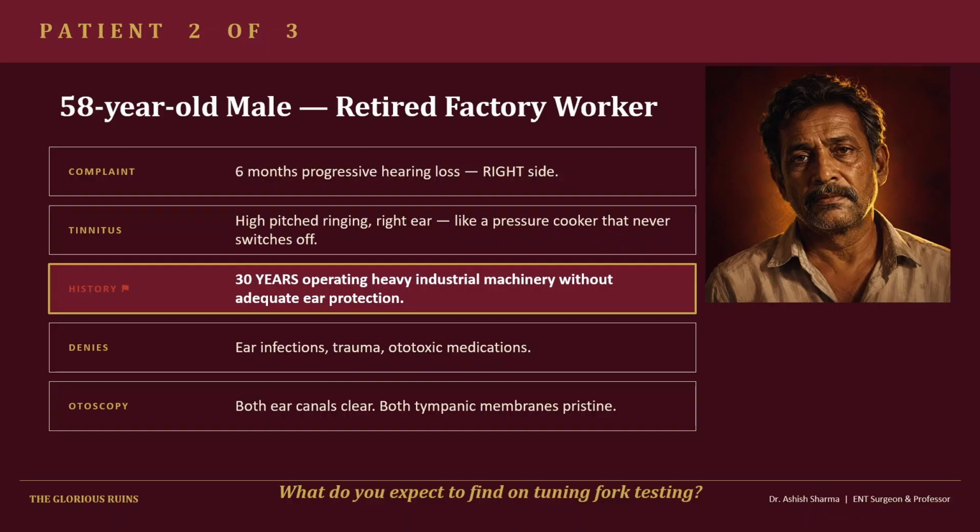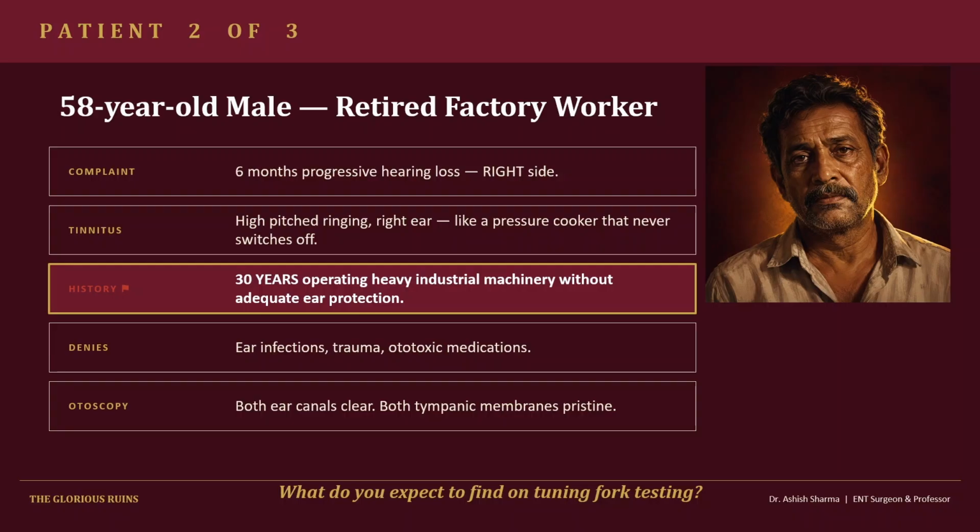He presented to me with 6 months of progressively worsening hearing on the right side and a high-pitched ringing in his right ear, tinnitus, that he describes as sounding like a pressure cooker that never ever switches off. No ear infections, no trauma, no medications known to damage hearing. Just 3 decades of noise without adequate ear protection.